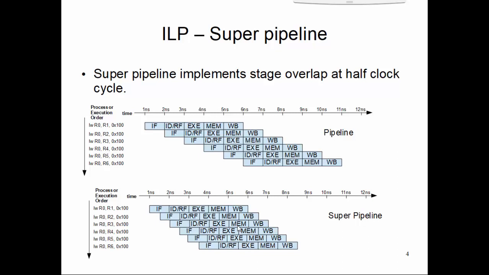So basically, not only at the positive edge are these pipelines active, but pipelines are active in the negative clock edge as well. So we're making double performance improvement with the super pipelining strategy.